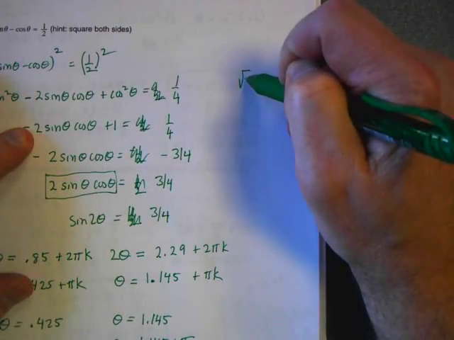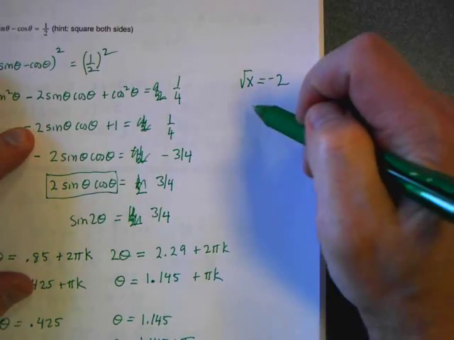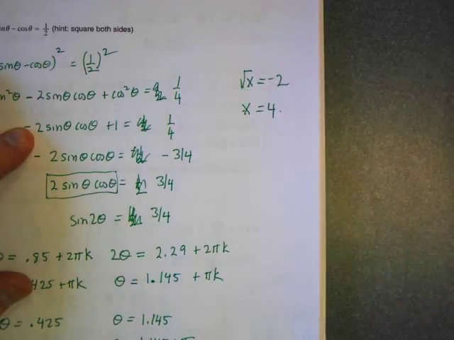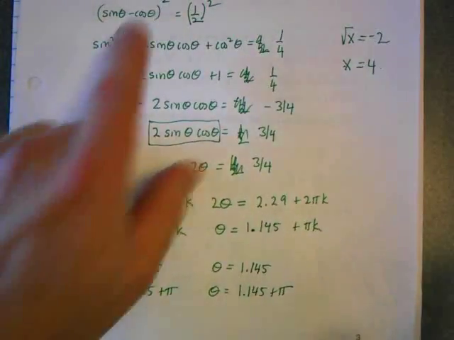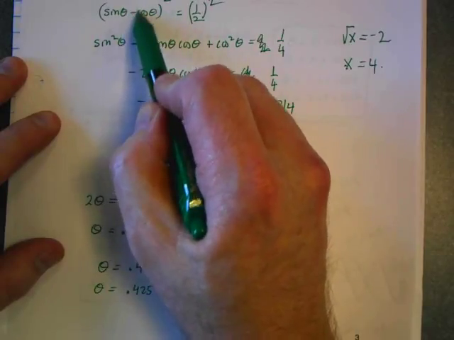For example, if I were to give you square root of x equals -2, and you were to square both sides, you would have x equals 4. Is x equals 4 an answer to that equation? No, because squaring both sides eliminates negative signs. We squared both sides way back at the beginning, which means this negative might have been an issue.